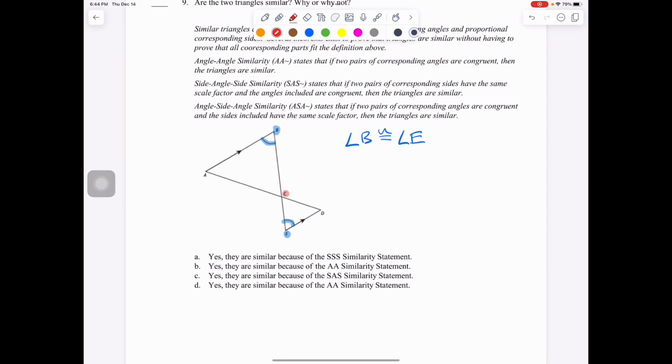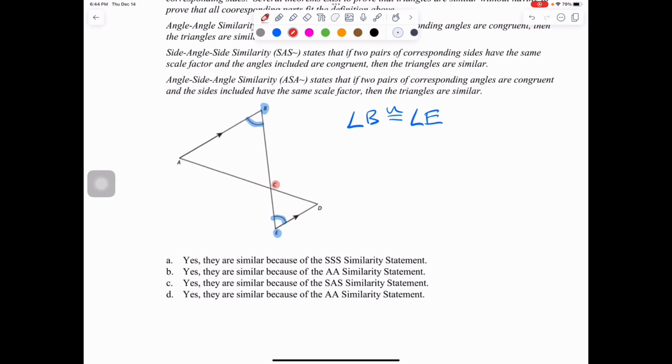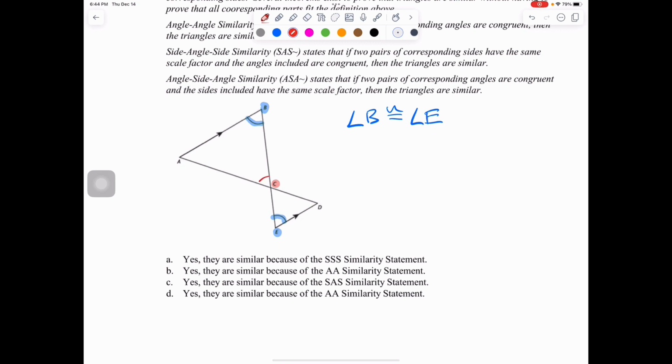Our C is represented in both of these triangles. What do we know about that? Yes, they are vertical angles, and vertical angles are congruent. So angle C is congruent to angle C. Yes, they're similar because of angle. I know that D is the same exact answer choice.